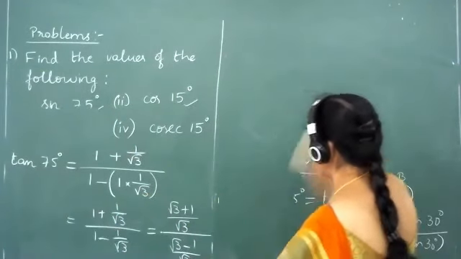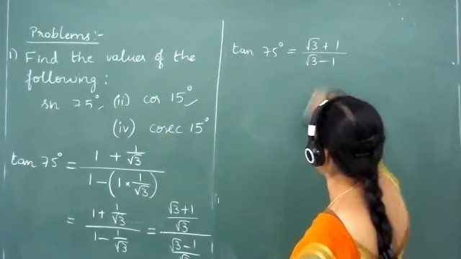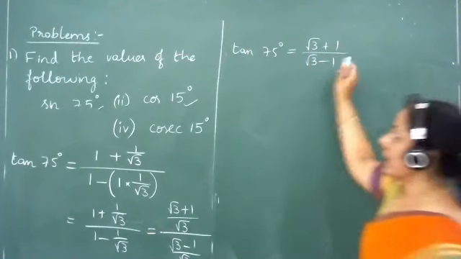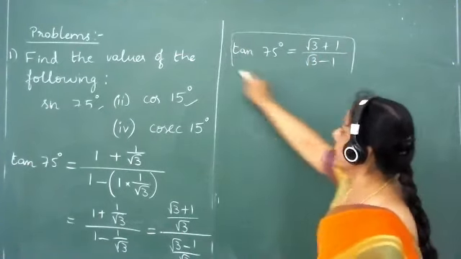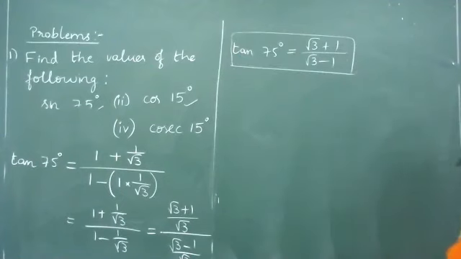Root 3 and root 3 will get cancelled, so that we find tan 75 degrees is now going to be square root of 3 plus 1 divided by square root of 3 minus 1. Again here, no need to rationalize. We take the answer in the same fractional form as obtained. That answers the third sub question.